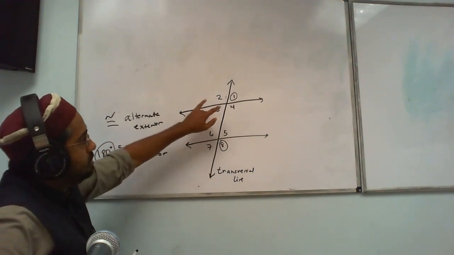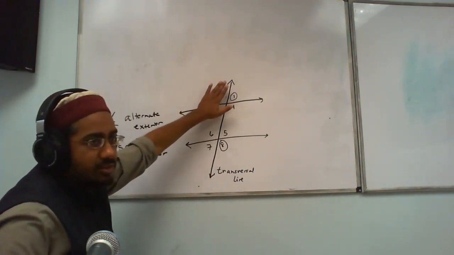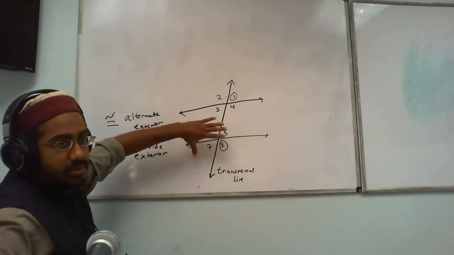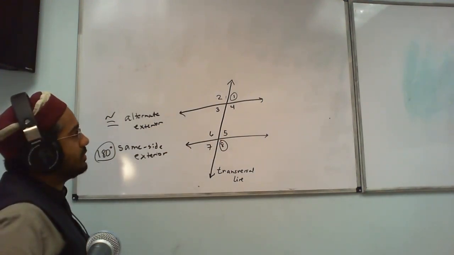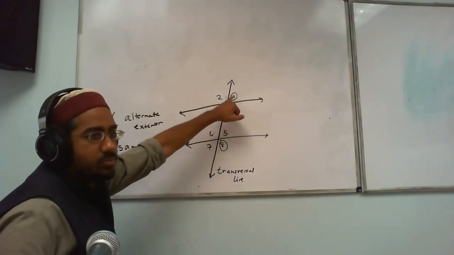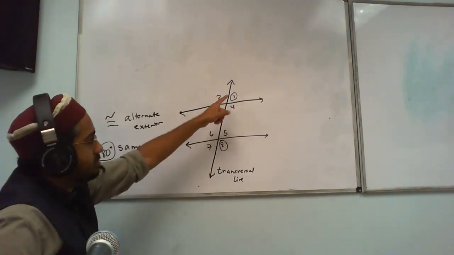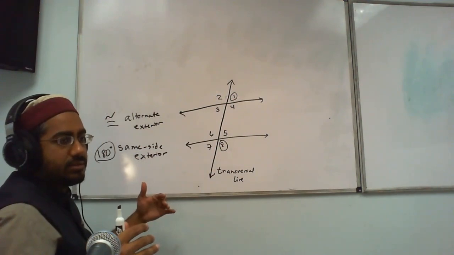If you look at the picture, can you notice one is a little bit smaller than 90 degrees, but this one down here is a little bit bigger than 90 degrees? So together they add up to 180.